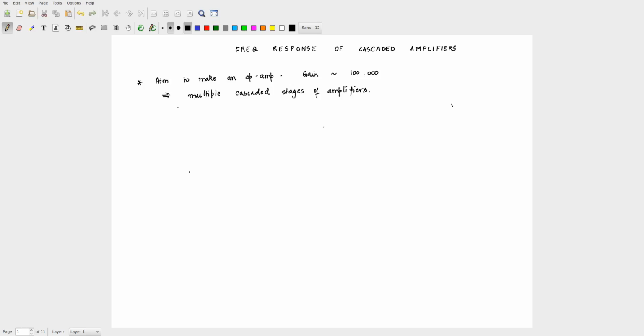Then we saw that each of these stages actually has a frequency response. And the other important point is that the op amp itself will be used most likely in negative feedback.